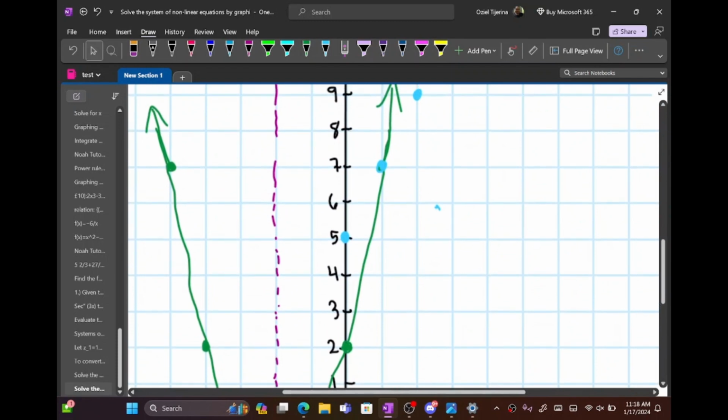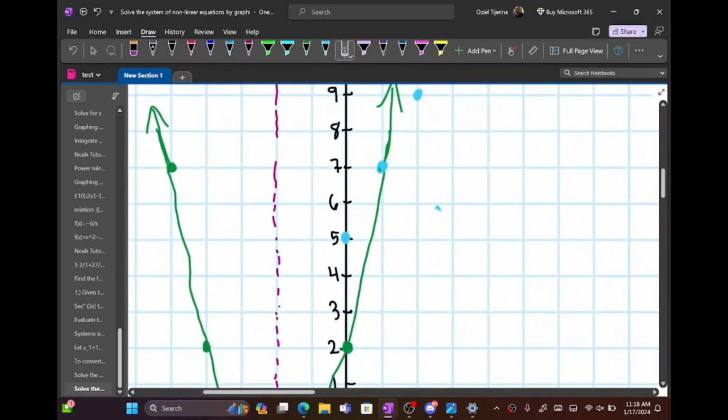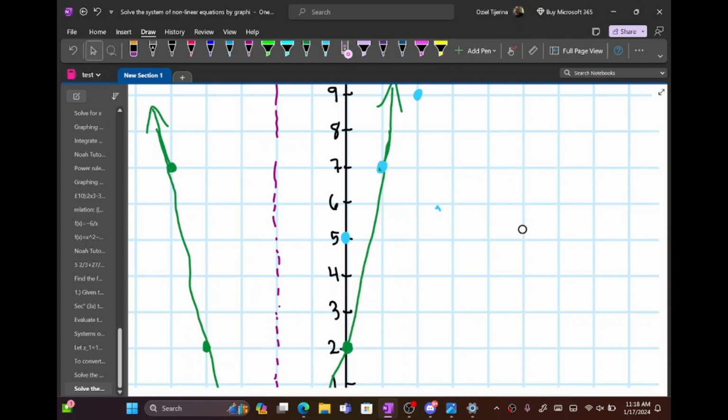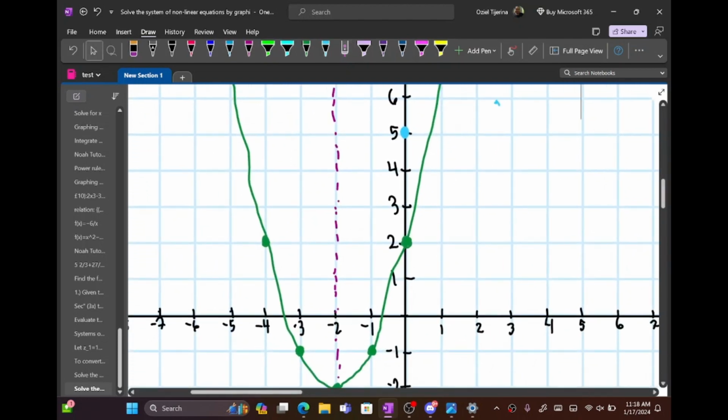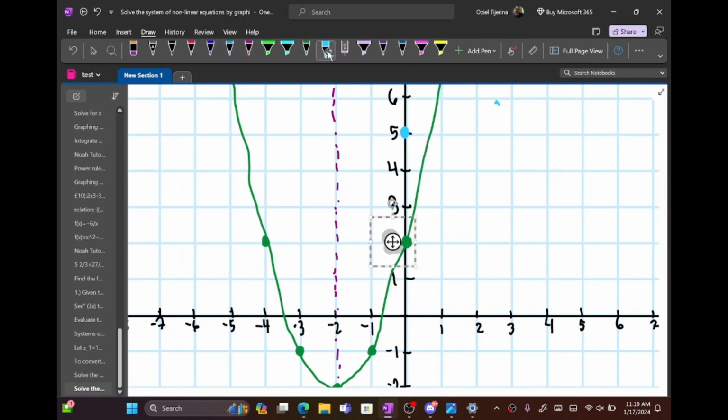If that sounds confusing, guys, just think of going from this point to this point, and we repeat that sequence over and over. So we know that there's going to be a point at negative 1, comma 3.